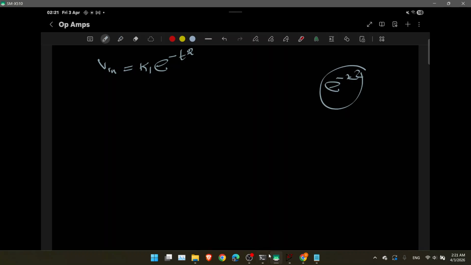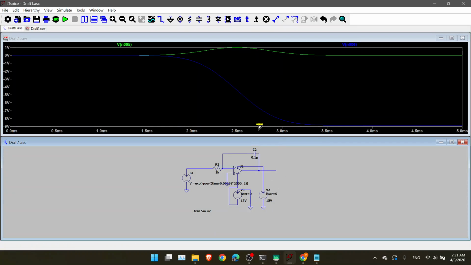But if you run the simulation, the silicon, the capacitors, the resistors, they don't know about mathematics or integration. It is how they behave. But mathematically, this function cannot be integrated easily.